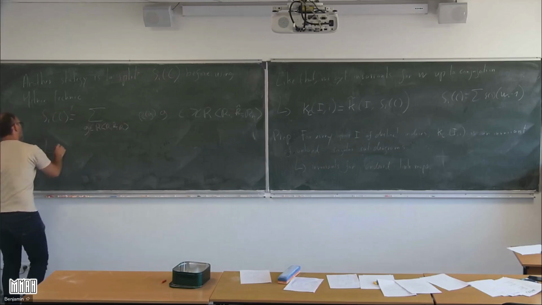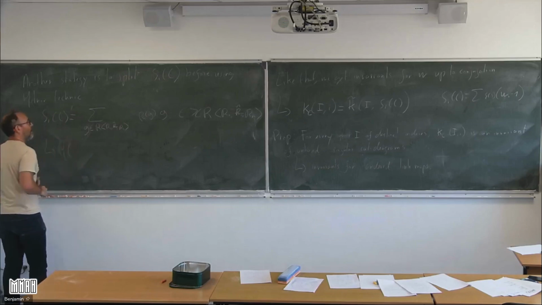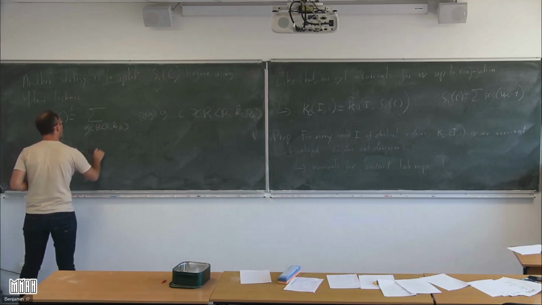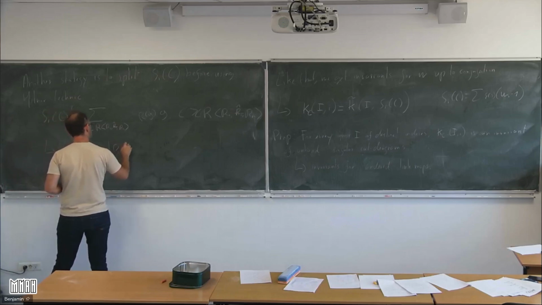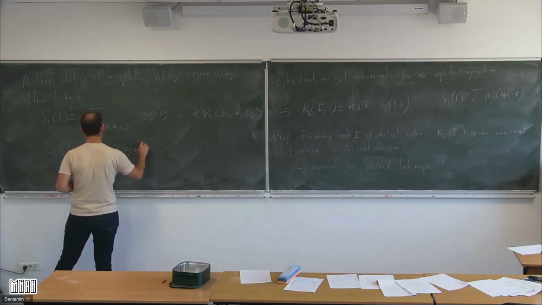So now I can consider the set of pairs rho C of G for all elements such that the coefficient is non-zero.